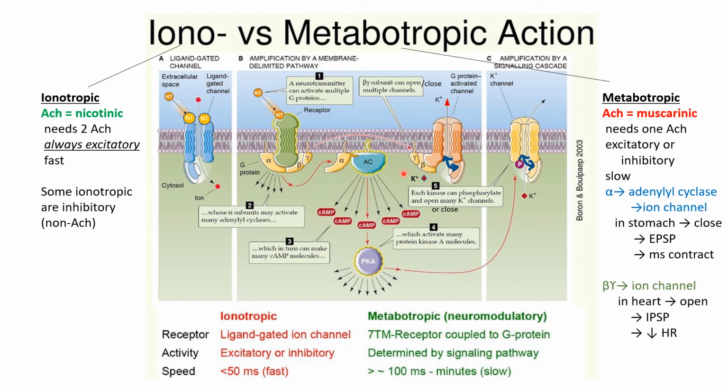For the beta gamma unit here, if we're allowing this one to open, that's going to create an IPSP, an inhibitory postsynaptic potential. And that's what we're going to see a lot in the heart with our parasympathetic nervous system. If you had this going on in the heart, you're going to decrease the heart rate because you're reducing the membrane potential by allowing that positive ion to leave. So those are a couple examples, and we'll wrap up this section on the next slide.